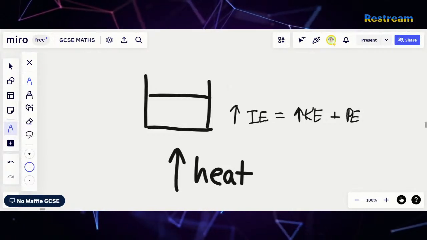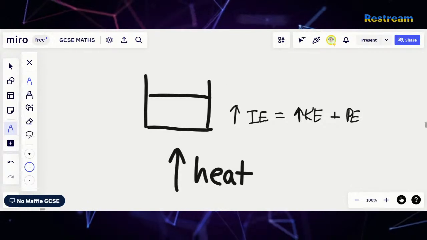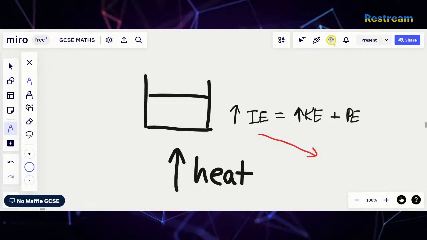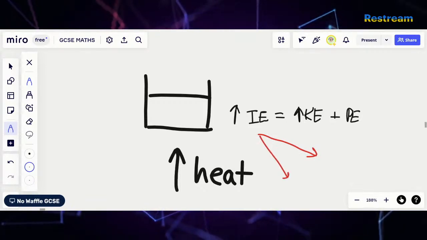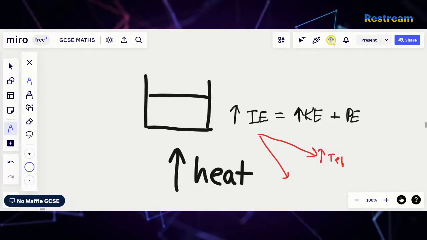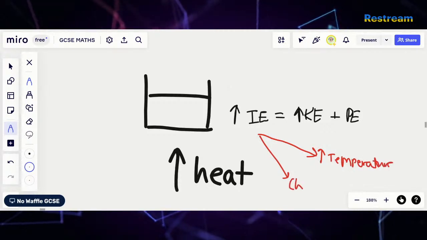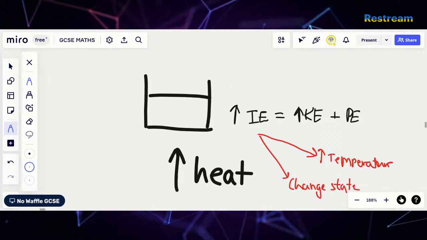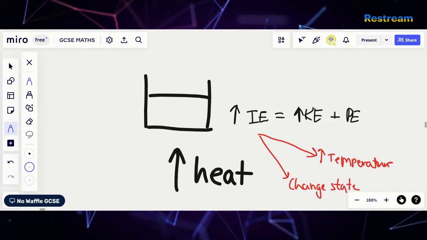And when we increase the kinetic energy, we increase the internal energy. And when we increase the internal energy, this then leads to one of two things. It can either increase in temperature or it can change state. So that's just a summary of what we've just looked at.